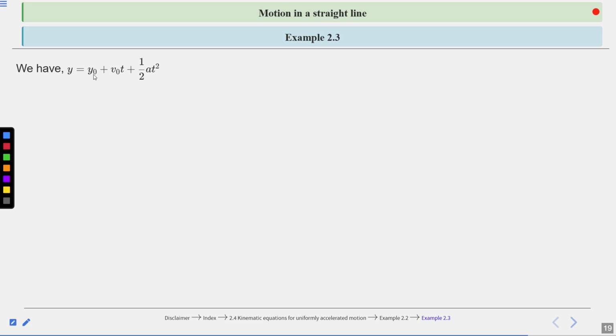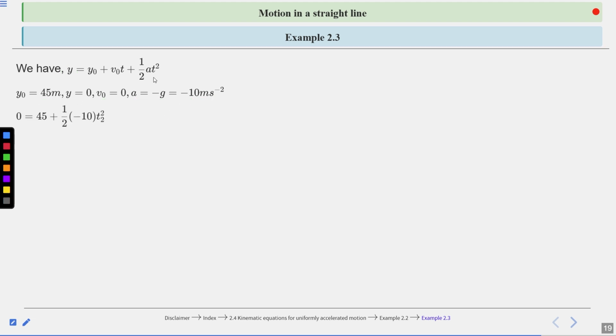So y is equal to y naught plus v naught t plus half a t square. Here y naught is 45 meter and y equal to 0, initial velocity v naught is 0 and acceleration is minus g, that is minus 10 meter per second square.